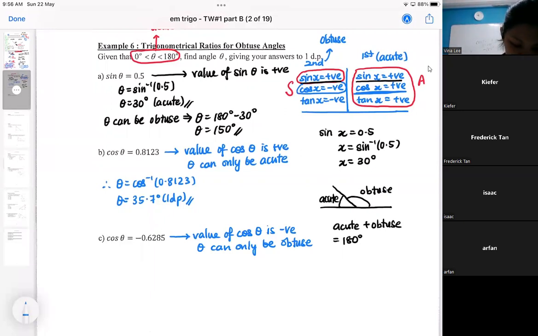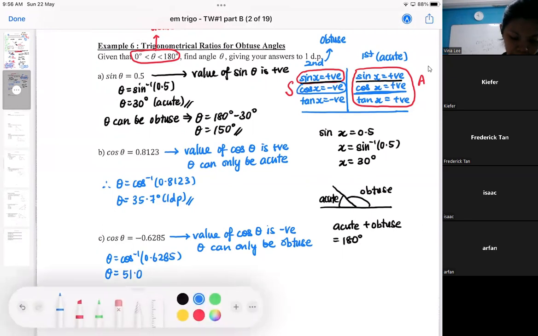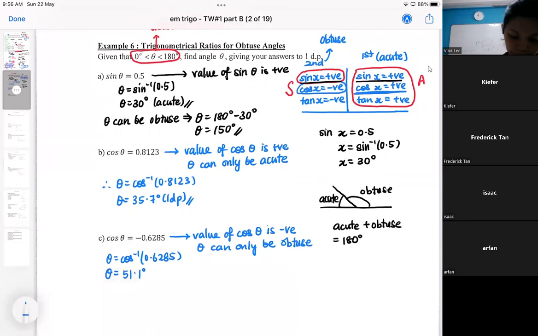So in this case, how are you going to find the obtuse angle? This is how I will find my obtuse angle.